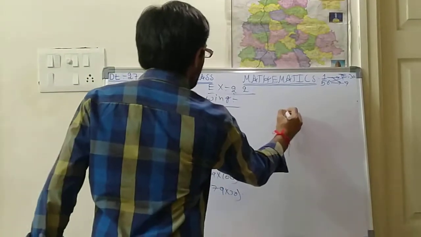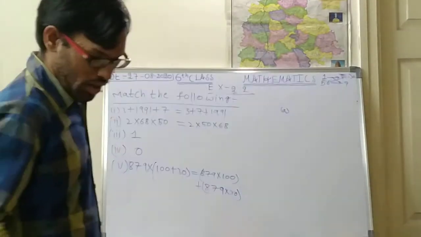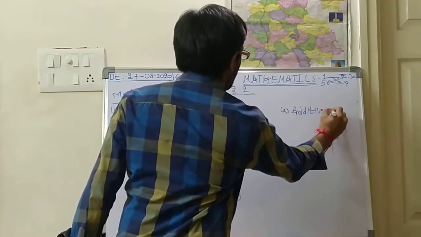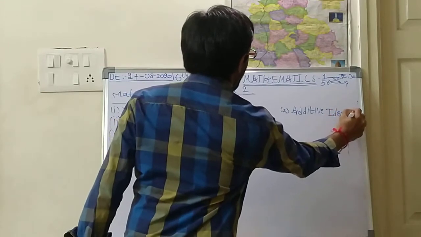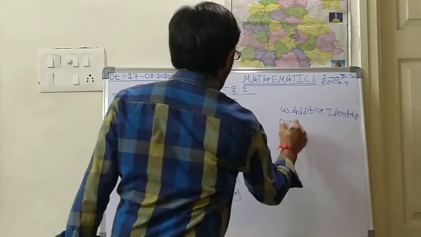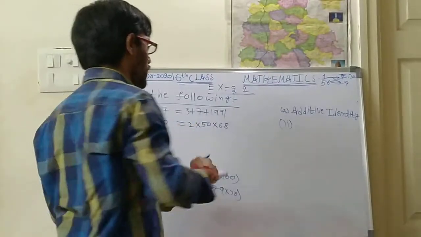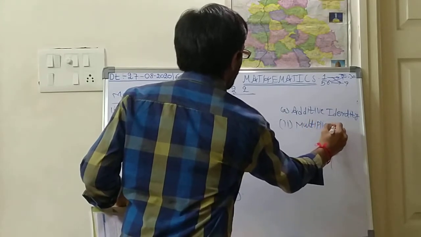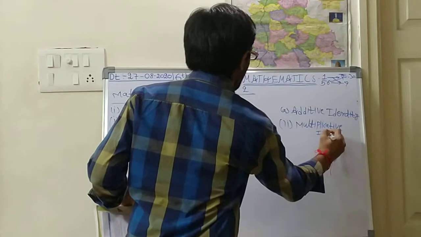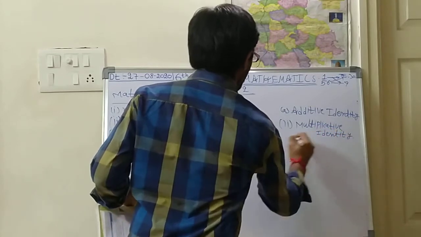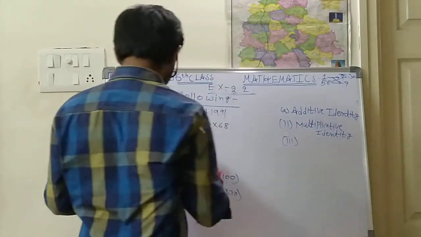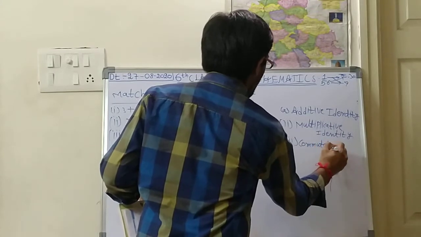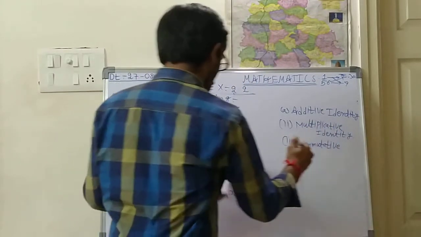Next, here this side A: additive identity. Next, second one, multiplicative identity. Next, third one is commutative under addition.